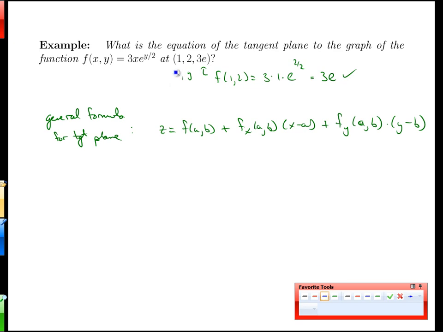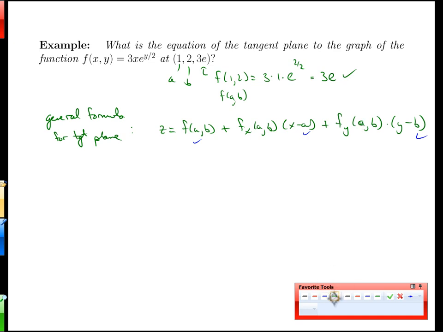So what do we have here? Actually, better yet, let's call this a and b. They're the specific x and y coordinates that we want to build the tangent plane at. So we've got a, b, we've got f of a, b. What are we missing? So check, got that, got that, got that. What are we missing? We're missing the x and y slopes.